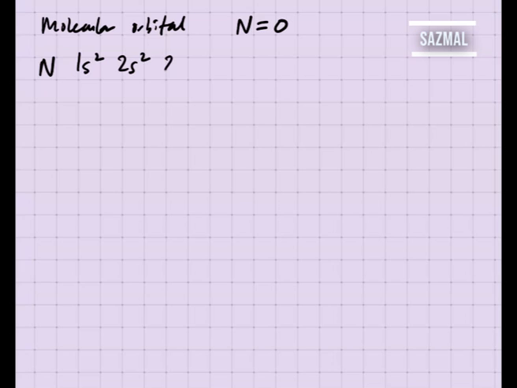So here we can draw the molecular orbital diagram for nitrogen monoxide. Again we refer to its electron configuration, where the overlapping orbitals will be 2p3 and 2p4.